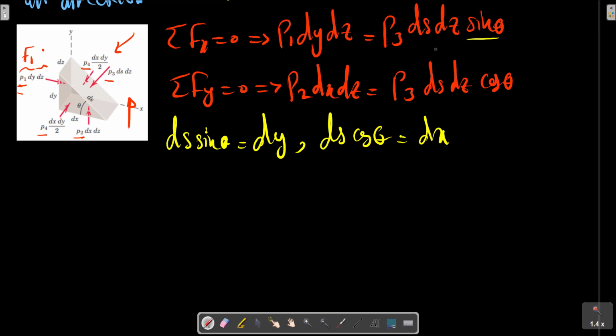With substitution into this relation, we can obtain P1 = P2 = P3. By rotating the element through 90 degrees, we see that P4 is also equal to the other pressures. Thus, the pressure at any point in a fluid at rest is the same in all directions.